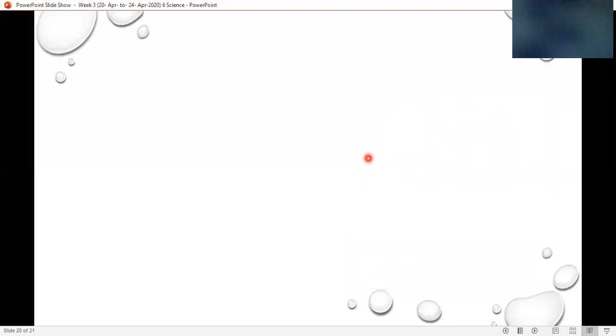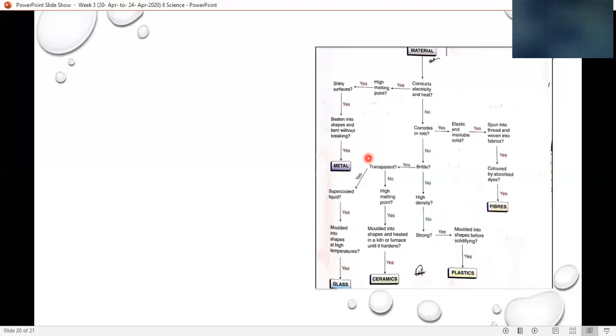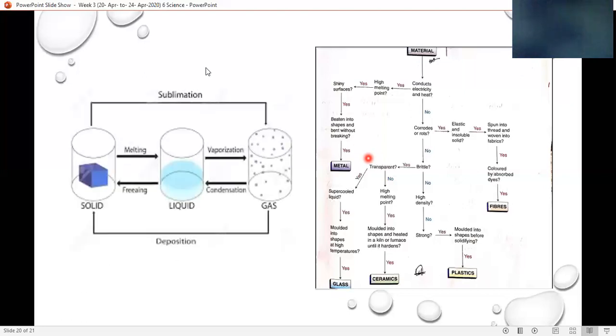Or secondly, you have to draw a state change flow chart or web diagram like this. It is one of the examples. You can draw like this, or you can use your creativity. You can research and find thousands of diagrams like this, so search in a new innovative way.